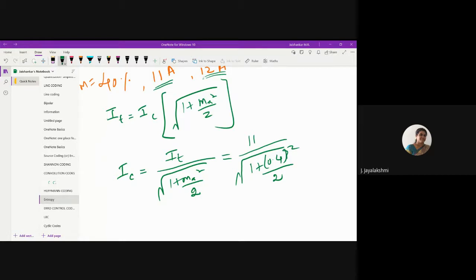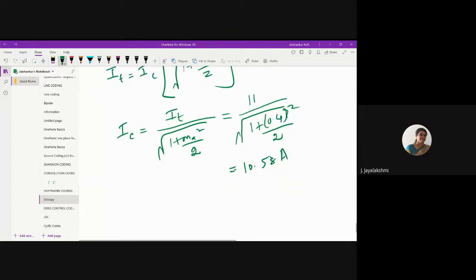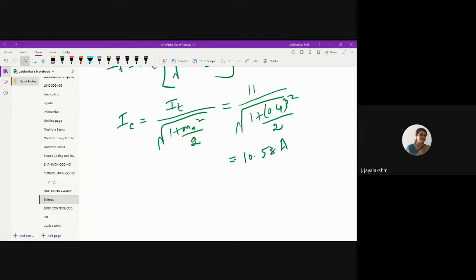Take the root of it, and it comes to 1.039. So 11 by 1.039 comes to 10.58 amps. So this is the carrier current needed.